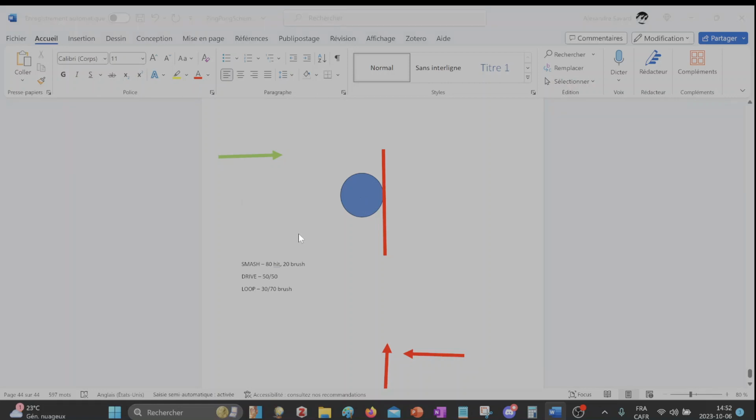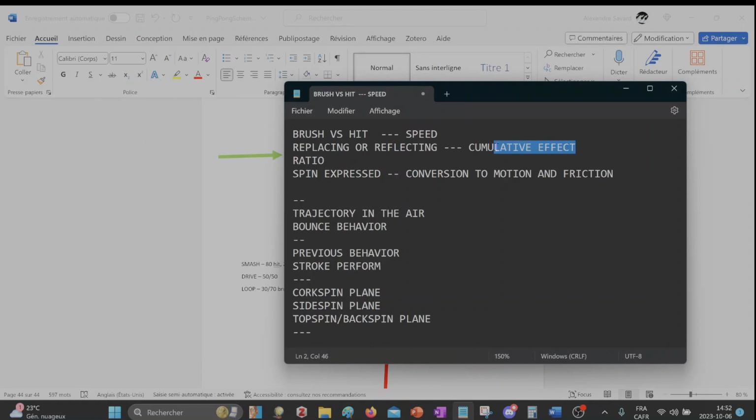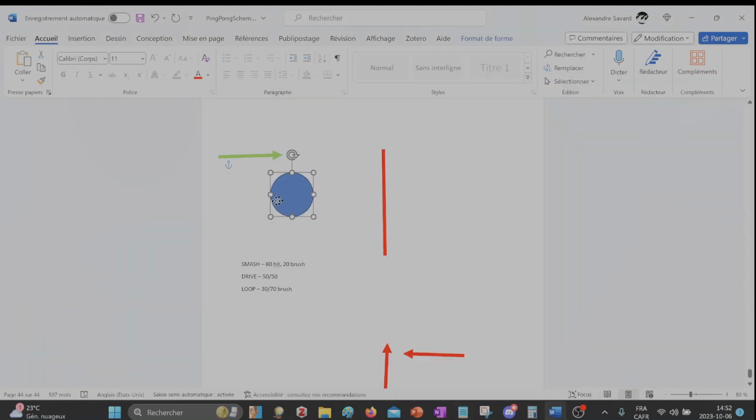And now that plays into the cumulative effect. So if someone sends a topspin ball, which is very powerful, let's say it's got 100 topspin, and I just reflect it, then it's going to go back with maybe 80 topspin because there was some friction going on in there. So 80 topspin is going back. And so there is a cumulative effect. From the 100 topspin here, there's now 80.